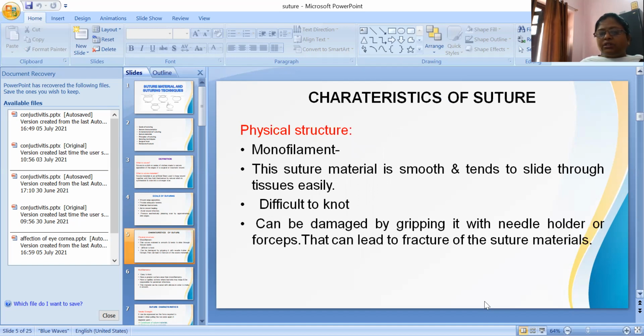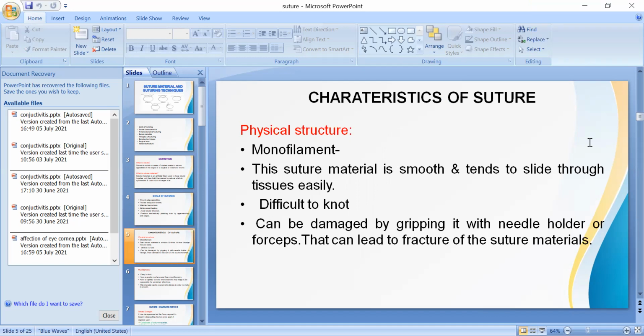Characteristics of suture. Physical structure of suture, that is monofilament. This suture material is smooth and tends to slide through tissue easily.